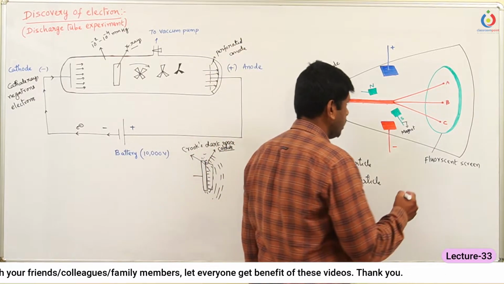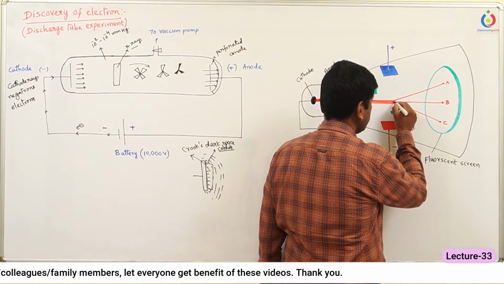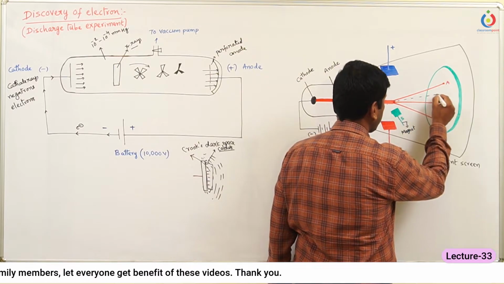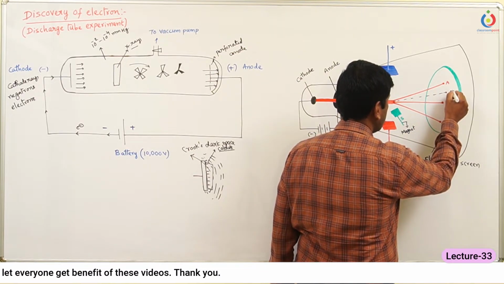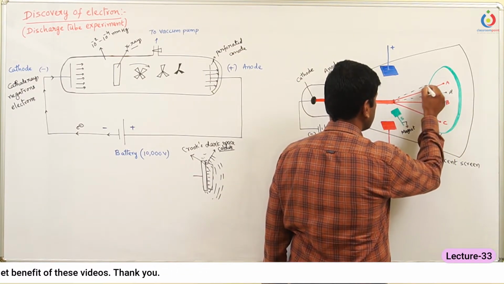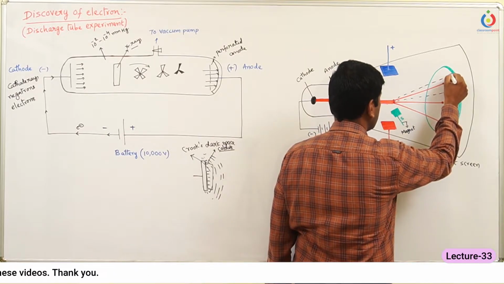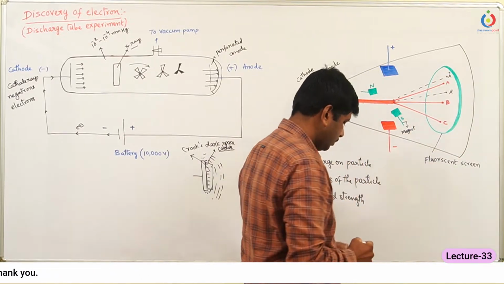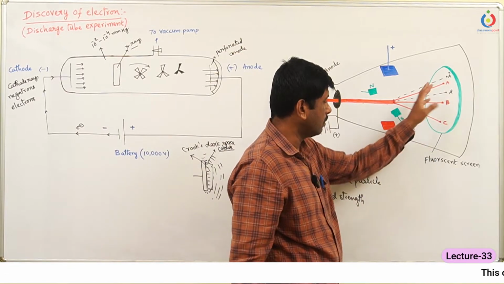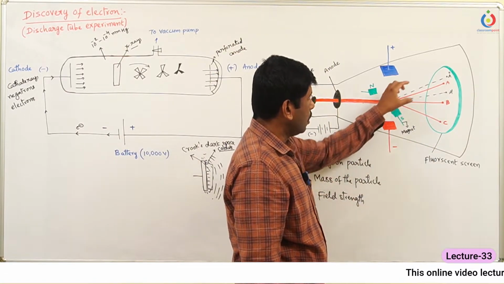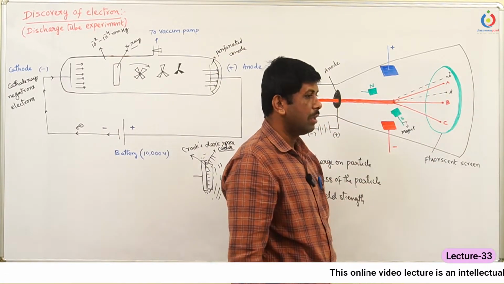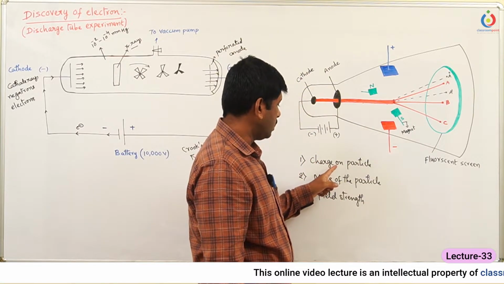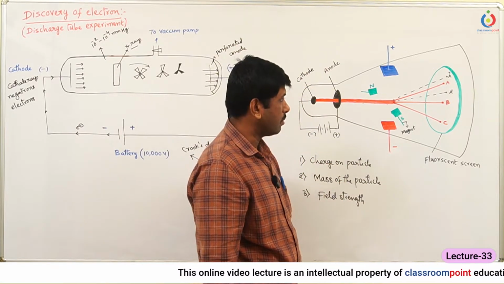So let us take three dots here. Imagine this is A dash, this is A double dash. Three points are there now. Using these three points, we can measure both the charge on the particle and the mass of the particle.